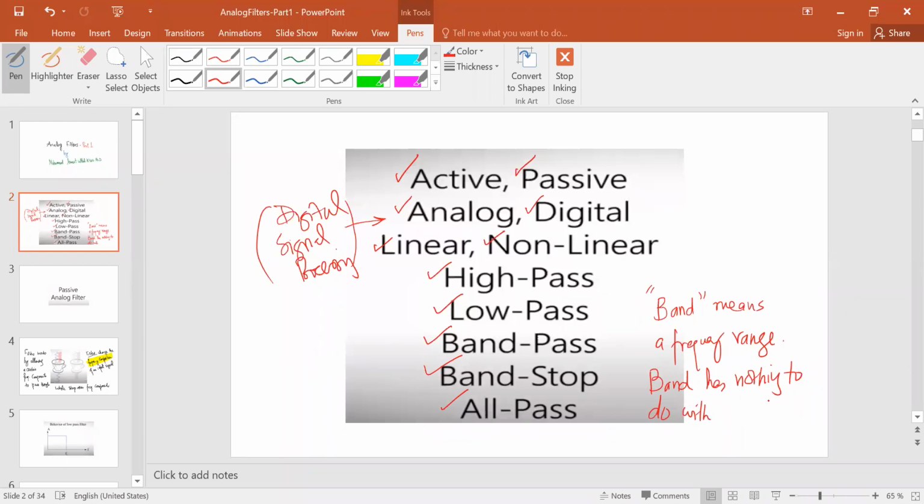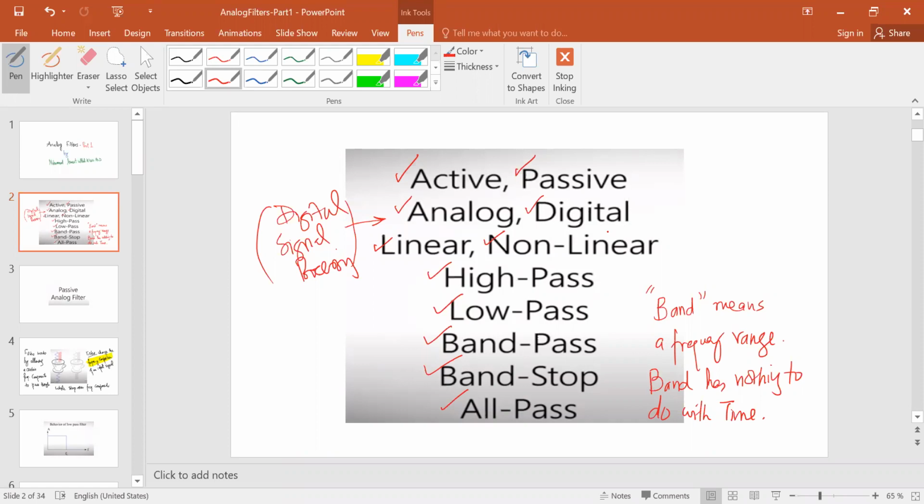Band has nothing to do with time. Keep in mind the word band is associated with the frequency range. It's a frequency range that it allows. That's why we call it band pass, band stop. It means that it is stopping a certain frequency range. It has nothing to do with time. So the word band is associated with and exclusively dedicated to the frequency domain.